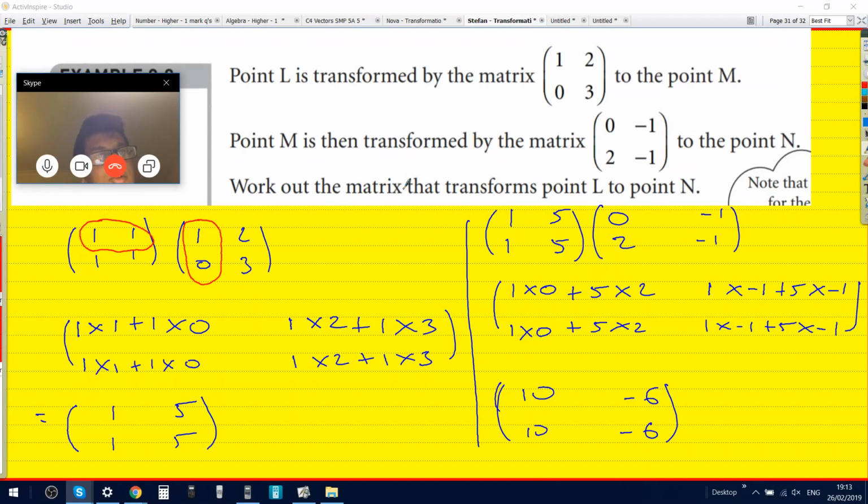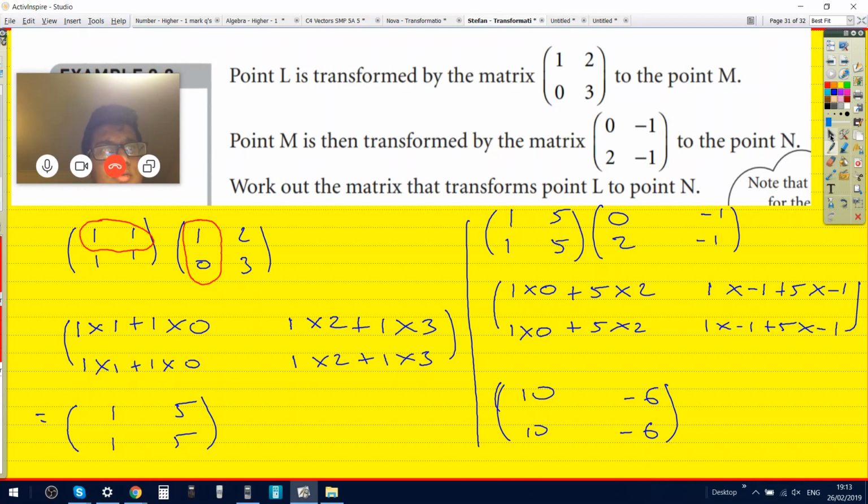So the original thing that we had is 1, 1, 1, 1, and that became 10 minus 6, 10 minus 6. So for that to become that, would you divide it by 1?